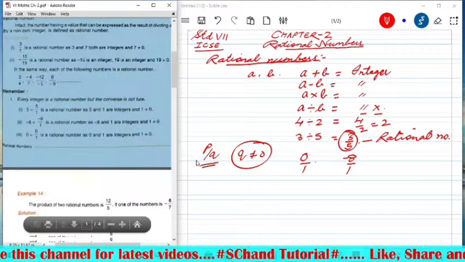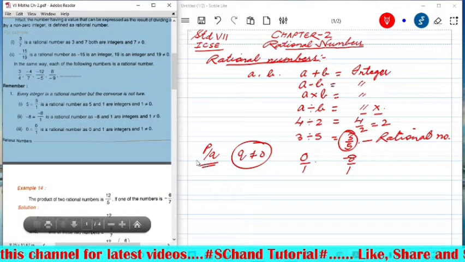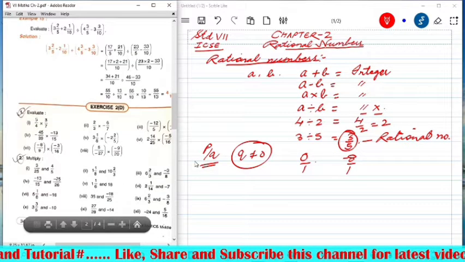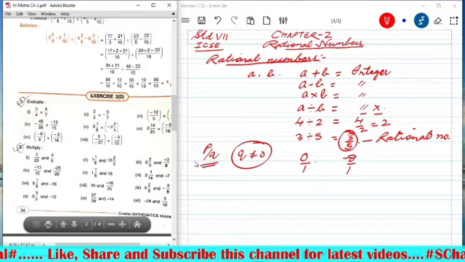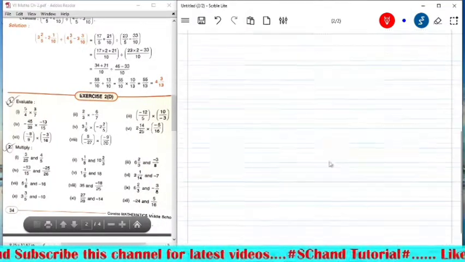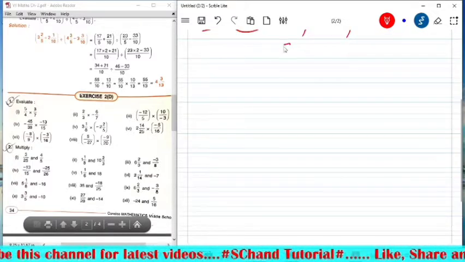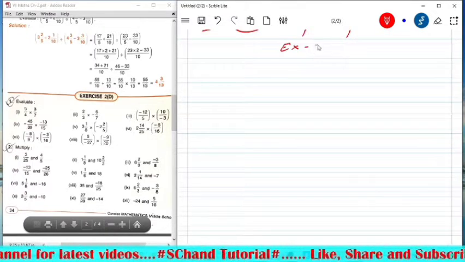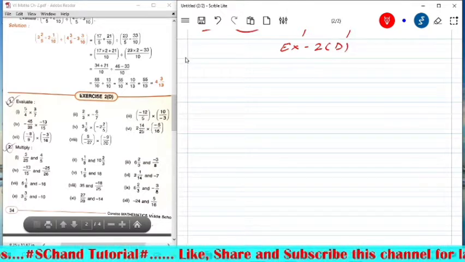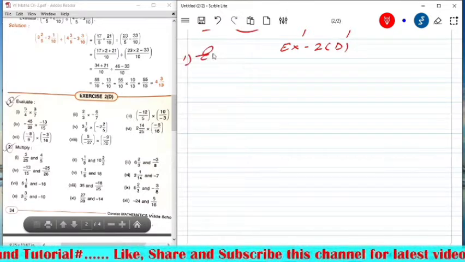So let's solve exercise 2D, which is there in our syllabus. There are 6 questions in this exercise. We have question number 1: evaluate.